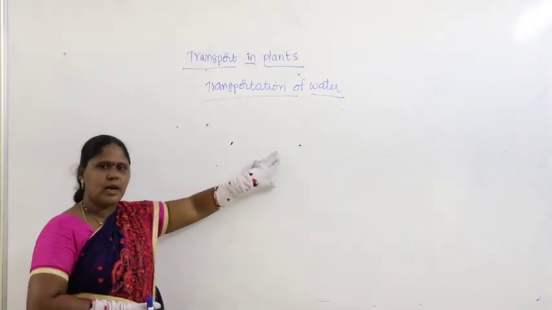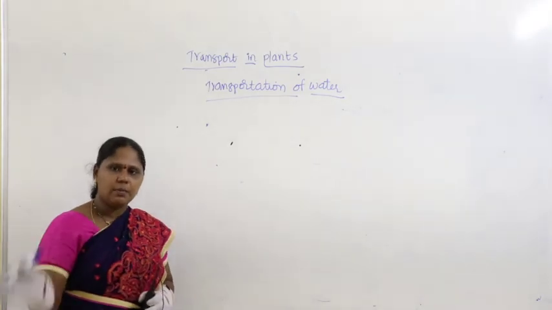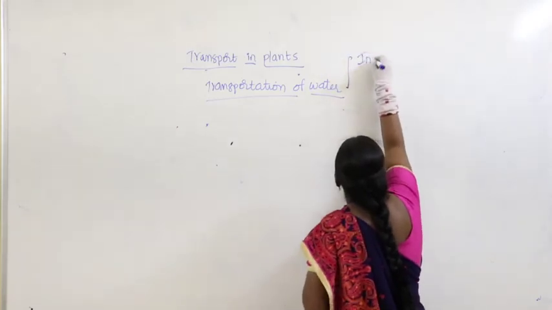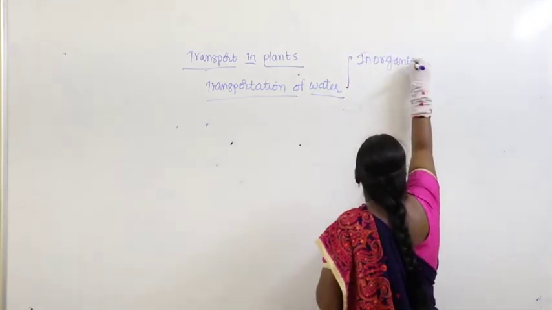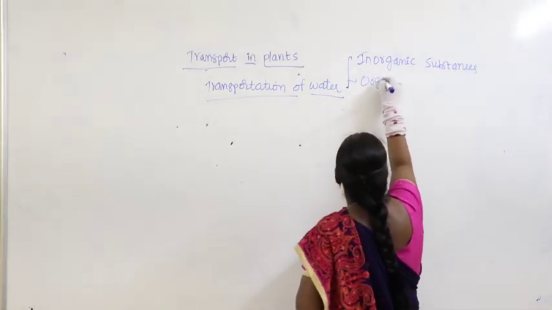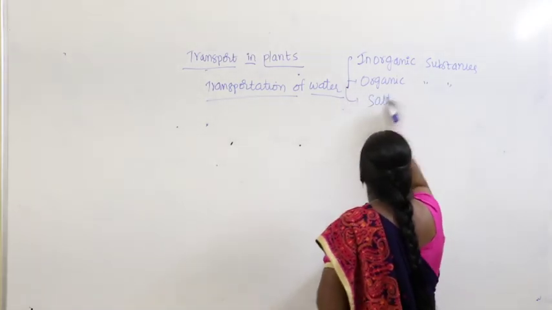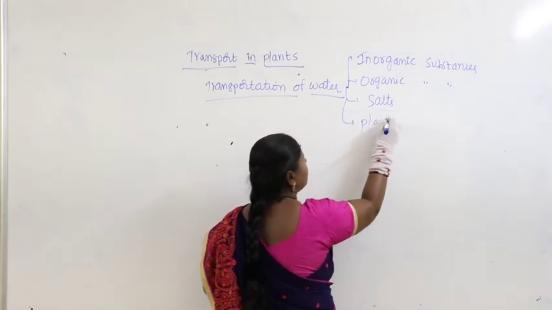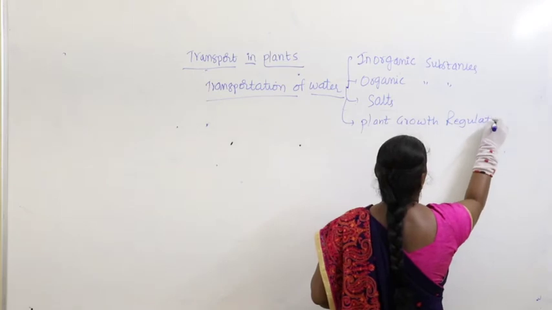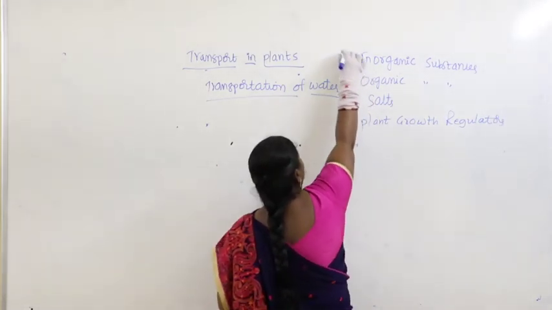As we discussed in the last class, when water is getting transported from one place to another place, what substances is it carrying? It is carrying inorganic substances and organic substances, along with salts, plant growth regulators, including mineral nutrients.